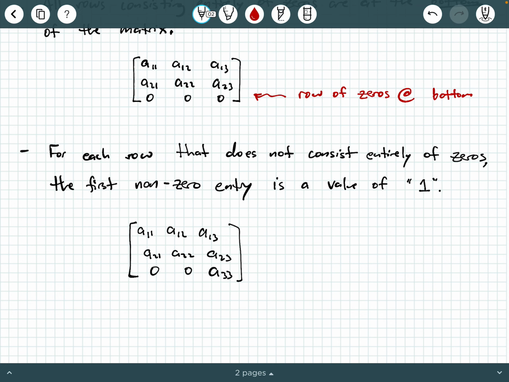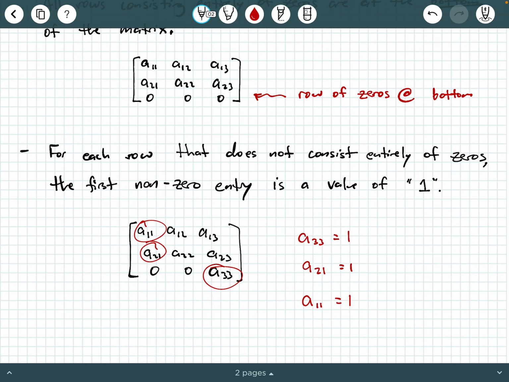Well, that means in this particular example, A33 better be equal to 1, okay? Because that's the first non-zero entry in row 3. What else must be equal to 1? Maybe pause the video and think about it. A21 better be equal to 1. And then what else? A11 also better be equal to 1.